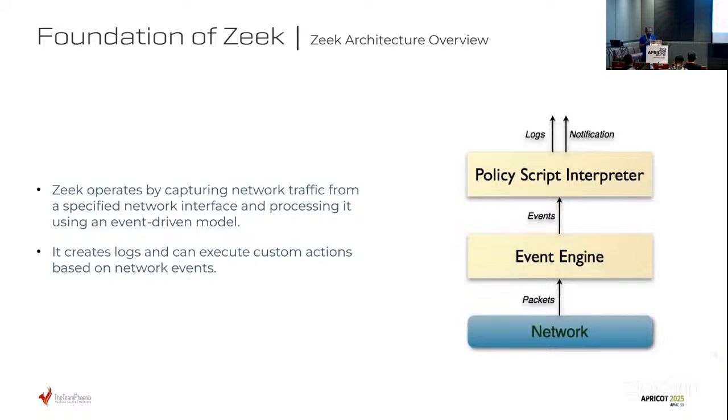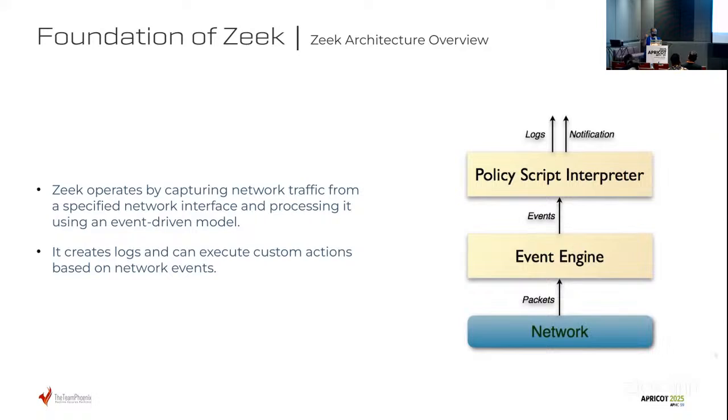The way Zeek architecture functions is it takes the network packet, the raw packet, then it has an event engine that works on the protocols, and whenever any event is happening, it takes all the information and converts it to a particular log or evidence via the policy script interpreter. So let's say my IP is connected with Adlibhai's IP. I will get a log in the conn.log file.